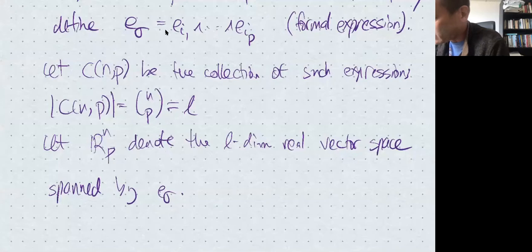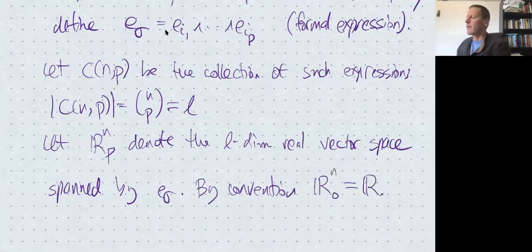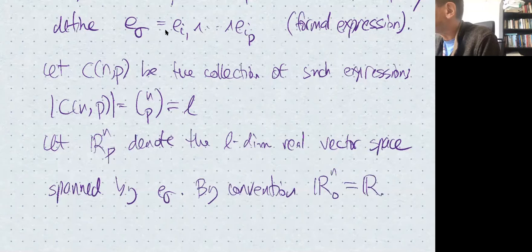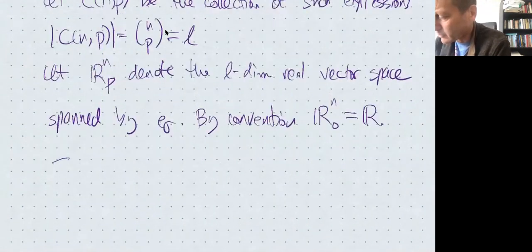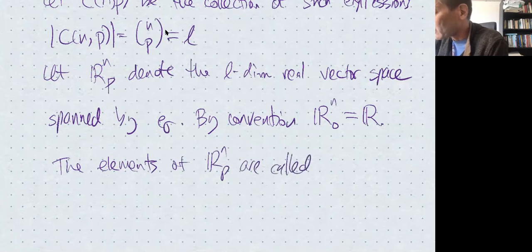And as a convention, if P is 0, I just denote R by Rn0. And so the elements in this vector space are called P vectors.